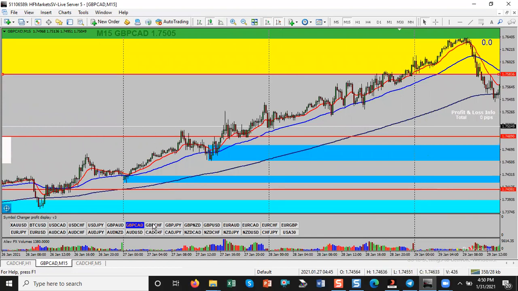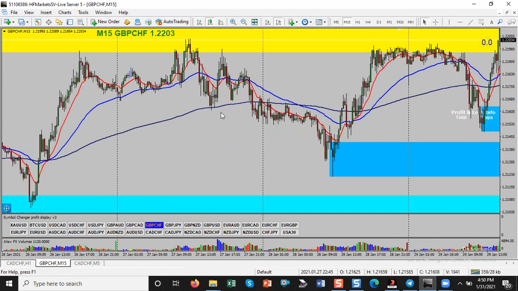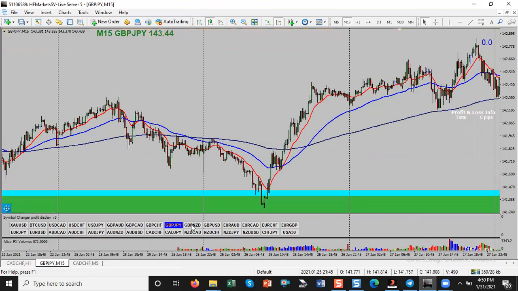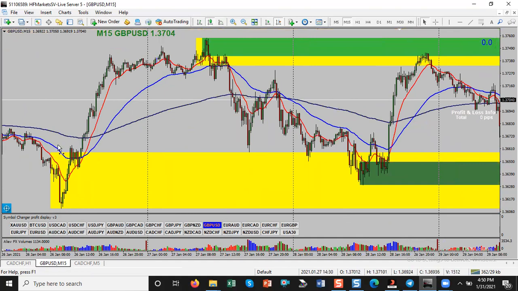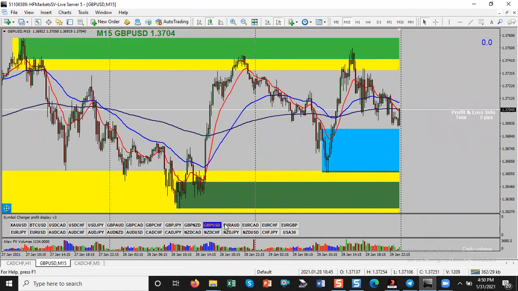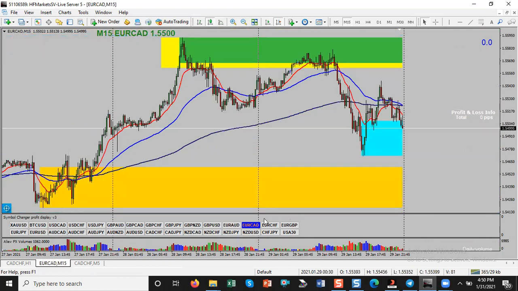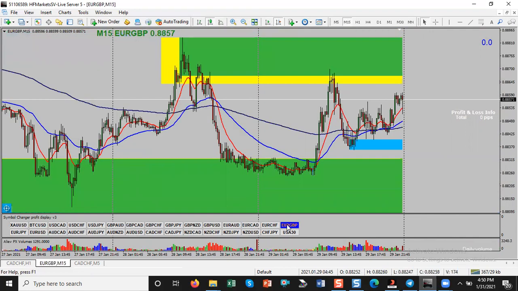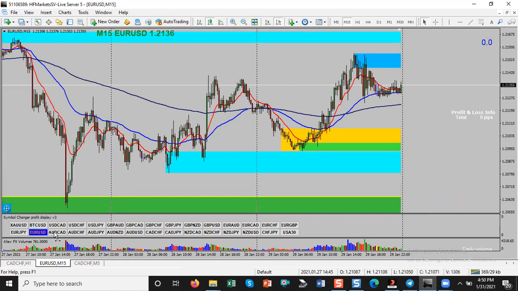Let me look for a sell setup. Everything I'm seeing here is buy, buy, buy, buy, buy, buy.